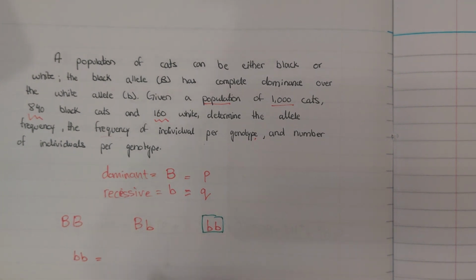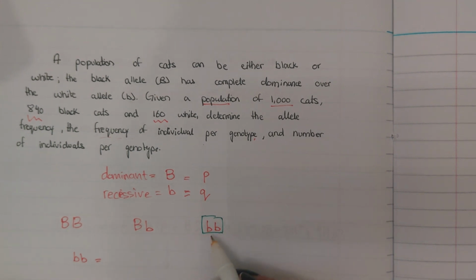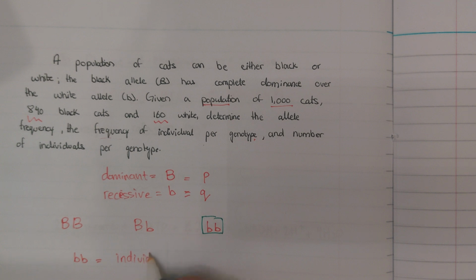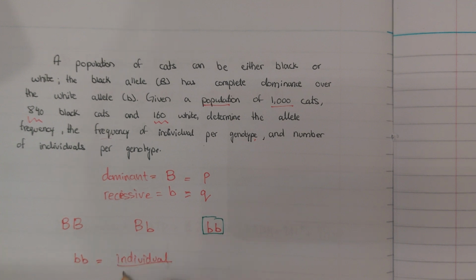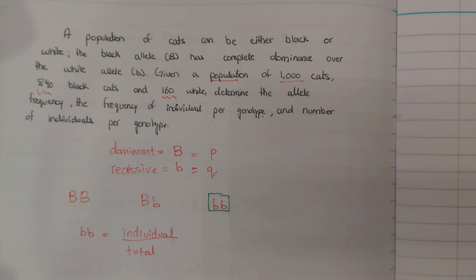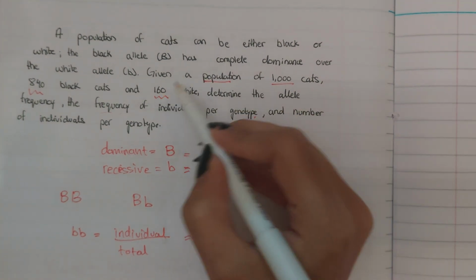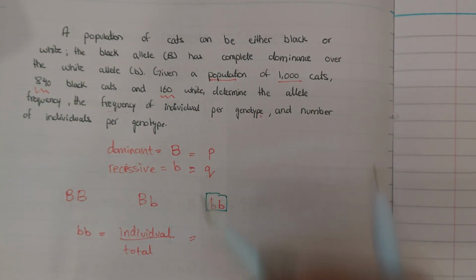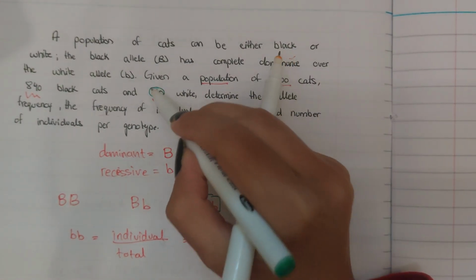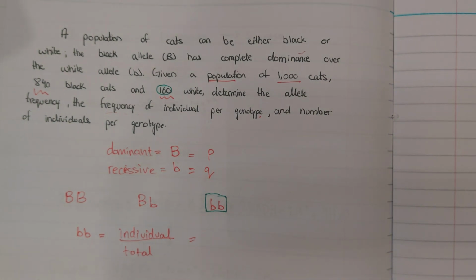The frequency is found by the number of individuals divided by the total number of individuals in the population. As we read in the question, there are 160 white cats, which are the homozygous recessive individuals.